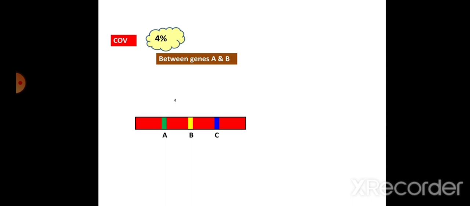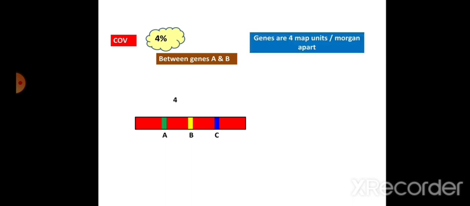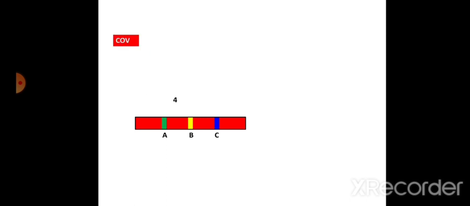Now, this is a chromosome showing 3 genes, capital A, capital B and capital C. Crossover frequency, say it is 4%. If the crossover frequency is 4%, then the distance between the genes A and B is also 4 map units. So percentage is equal to map unit here, or it is also called centimorgan.